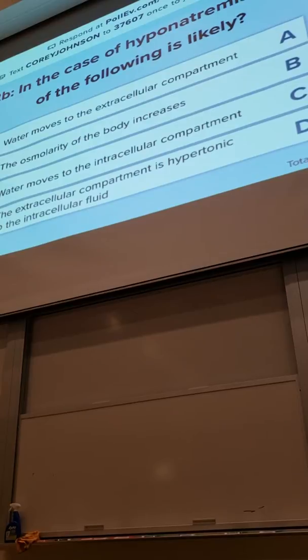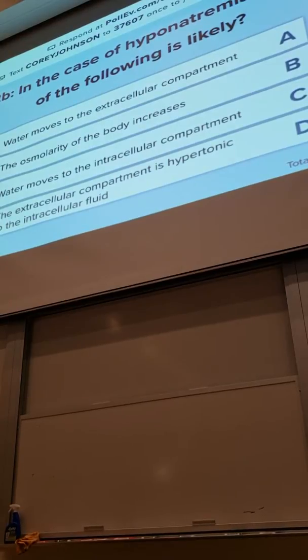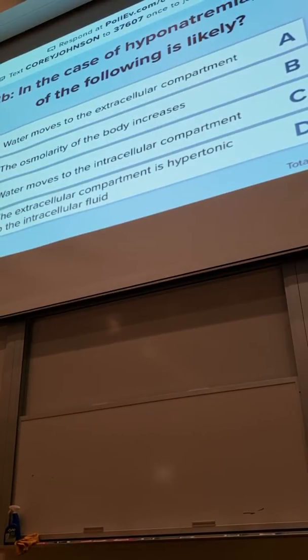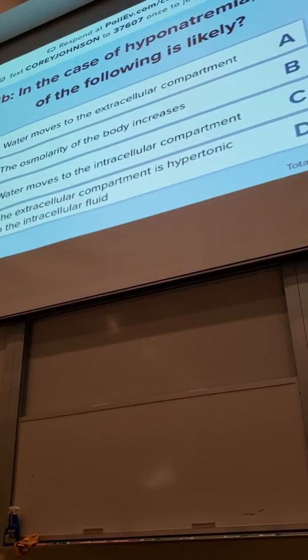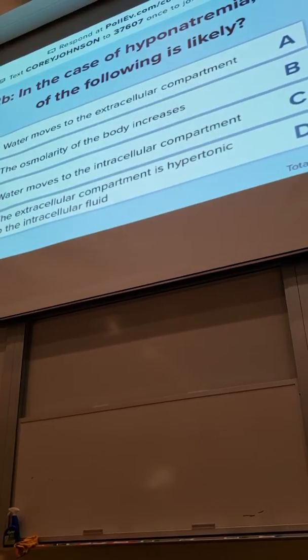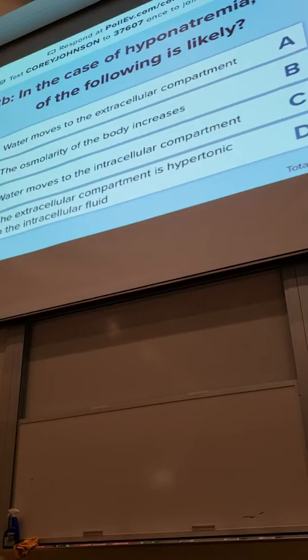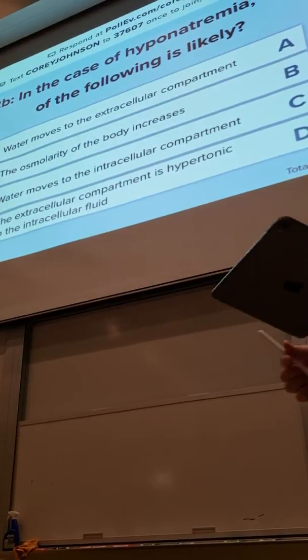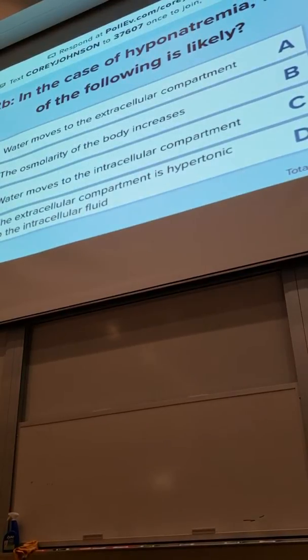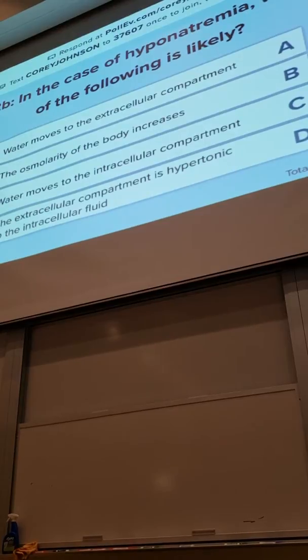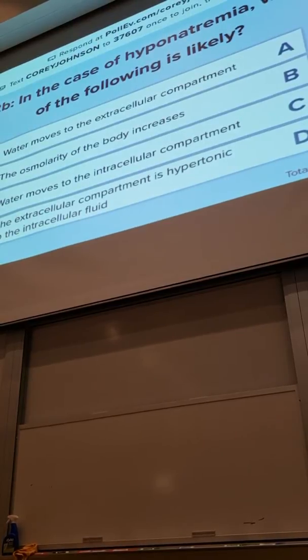At first, eventually it will reach an equilibrium and they'll be the same as one another, but the effect of that hyponatremia will be that overall we're going to have a lowering of the osmolarity. And how did that happen? Well, water has moved into our cells.